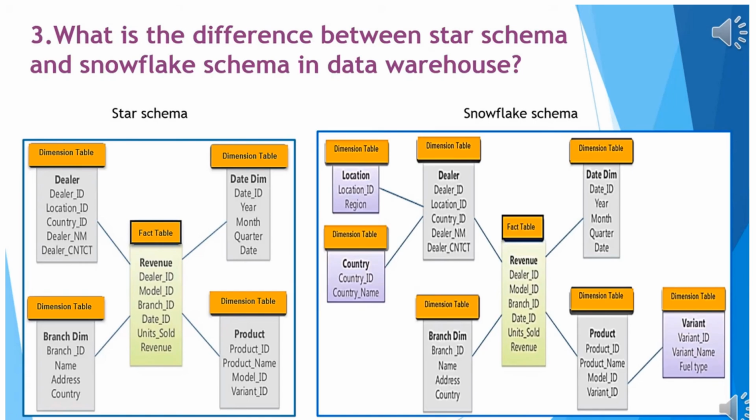And in star schema, we need not write complex queries because if you want any data or information, we just need to write one join on the fact table and dimension table. Not many joins are needed, and that's why the query performance will be better and also the complexity will be very less.